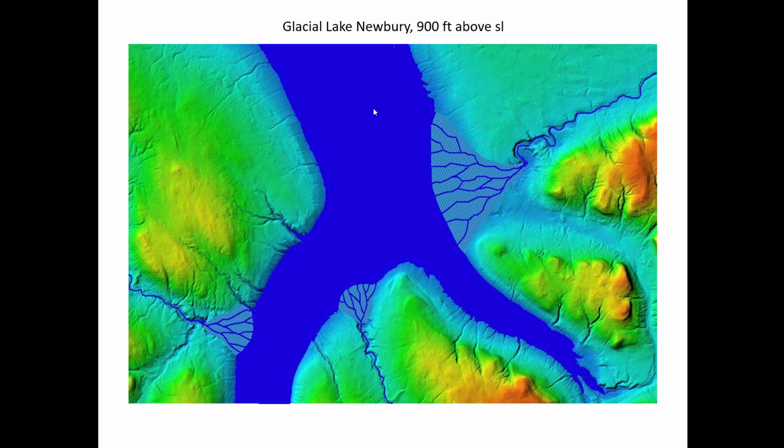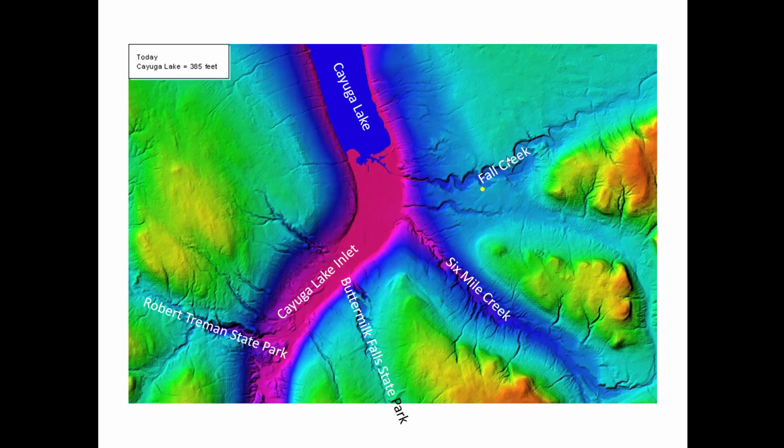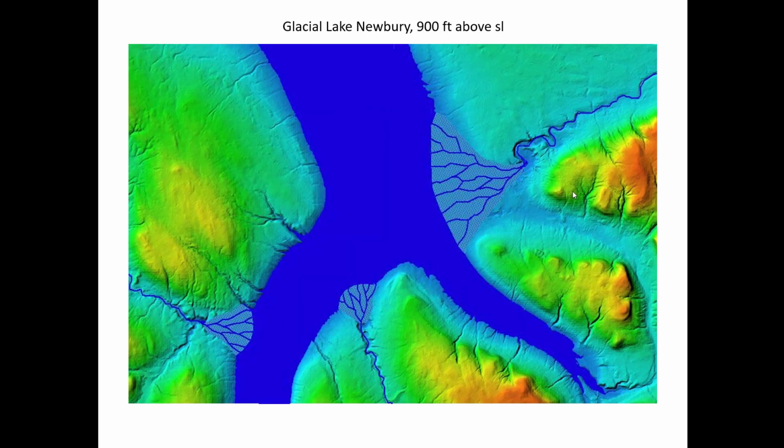And this glacial lake exists for some period of time, but then, as we know, glaciers melt away, so the amount of glacial meltwater significantly decreases. We can see there's a very large delta here. Parts of this delta you can actually see on the Cornell campus, because if we move back to today, here is Fall Creek. Fall Creek is the creek that goes through that delta and down into Cayuga Lake. Let's just go back for a second.